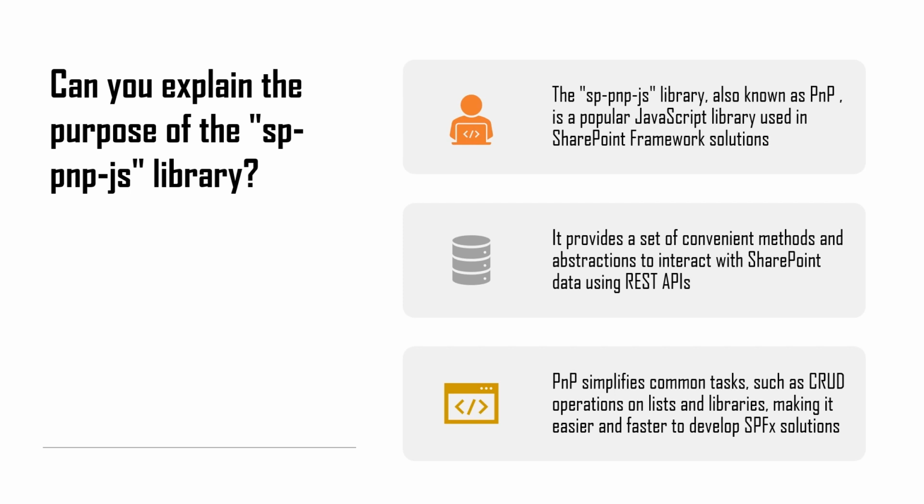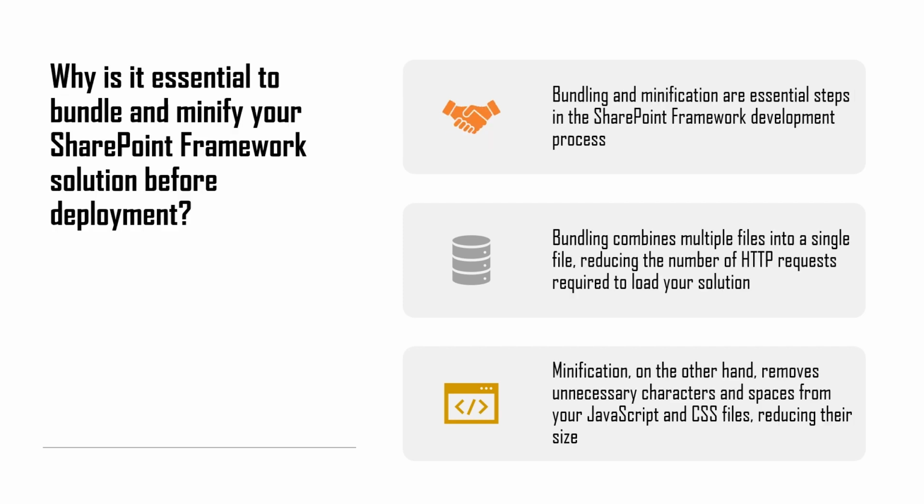It provides a set of convenient methods and abstractions to interact with SharePoint data using REST APIs. PnP simplifies common tasks such as CRUD, that is create, read, update, and delete operations on lists and libraries, making it easier for faster development of SPFx solutions.